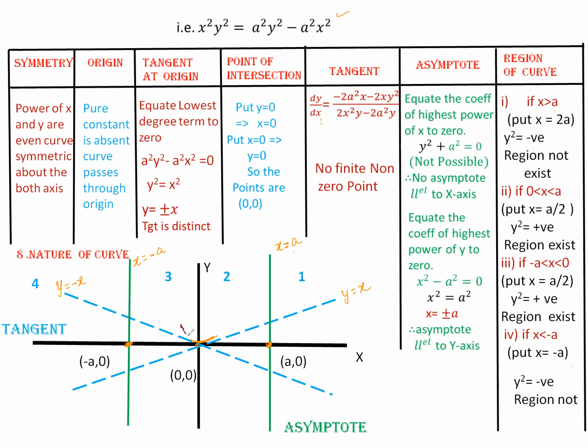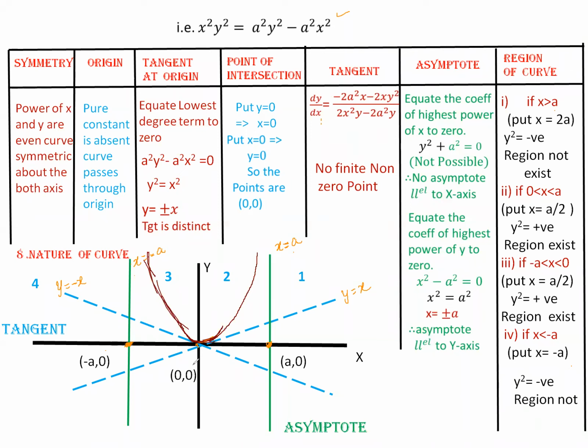The actual curve comes like this only. Because of this asymptote, we are increasing like this. Here also we are taking this curve, extending towards that asymptote.